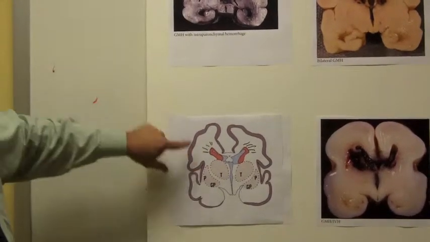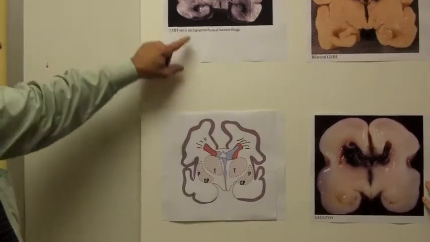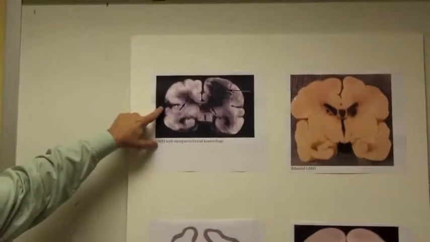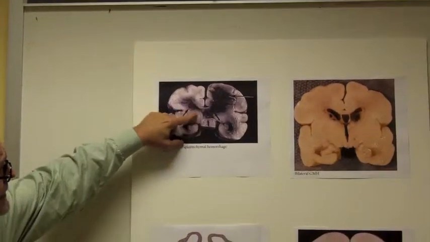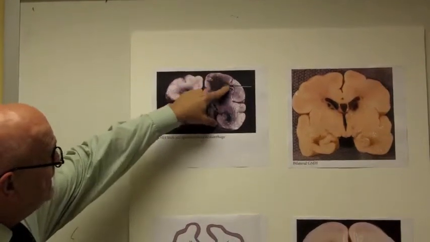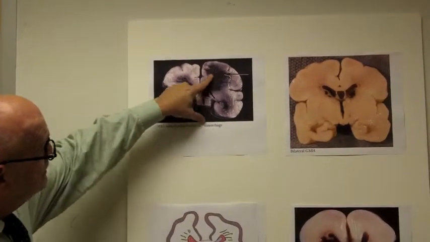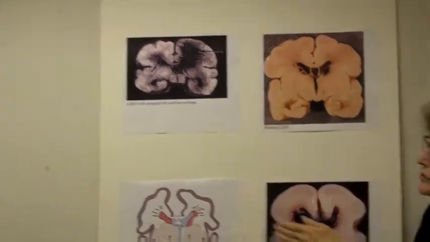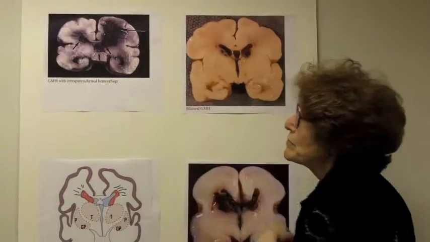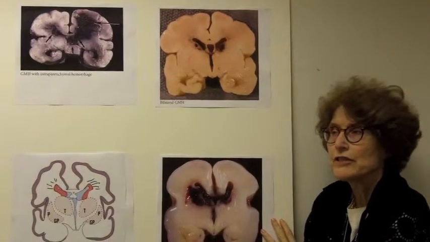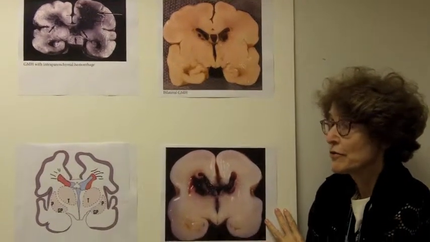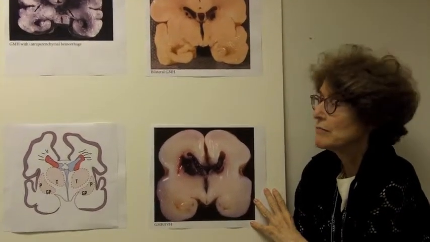And I don't have an illustration of the ventricular dilatation, but on this specimen we see a good illustration of hemorrhage extending into the parenchymal white matter of the brain. And this form of injury we found was particularly associated with attention deficit hyperactivity disorder and tic disorders in adolescents.